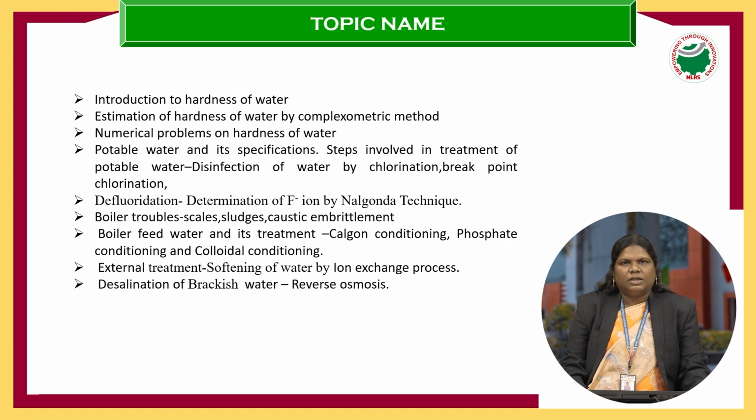Next, external treatment, means softening of water by a process called ion exchange process, and desalination of brackish water. In that, we will learn about reverse osmosis. These are the topics which we will cover under the Unit 1 module of water and its treatment.